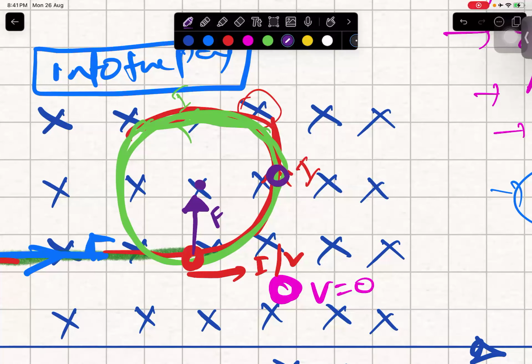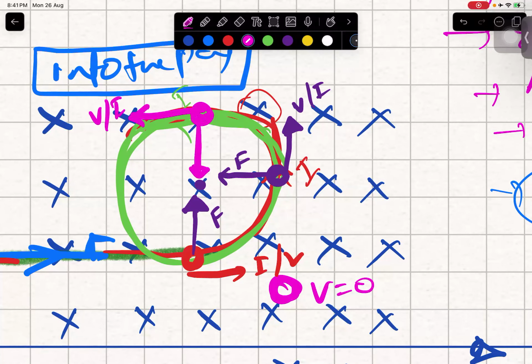At this point, the charged particle is moving in this direction, that's the velocity or current, so the force will be to the left, like this. At the top, the direction of velocity or current will be to the left, so the force will be downward. At this point, the force will be to the right.